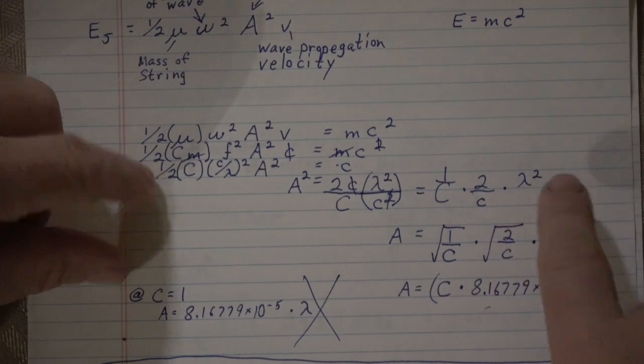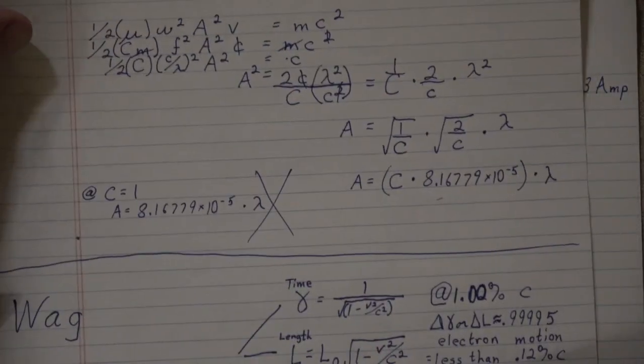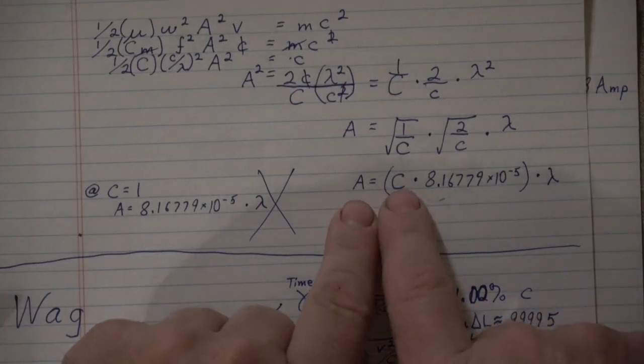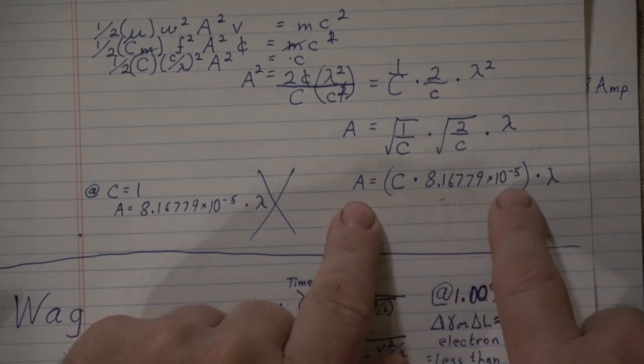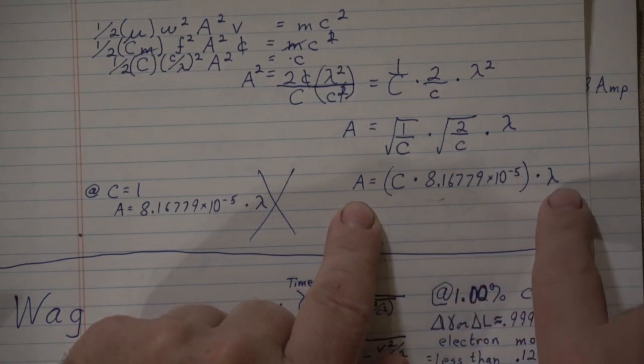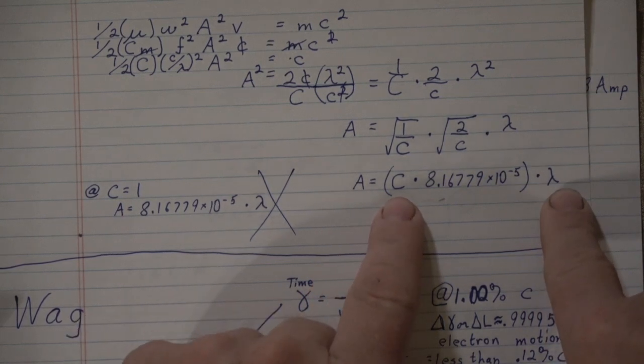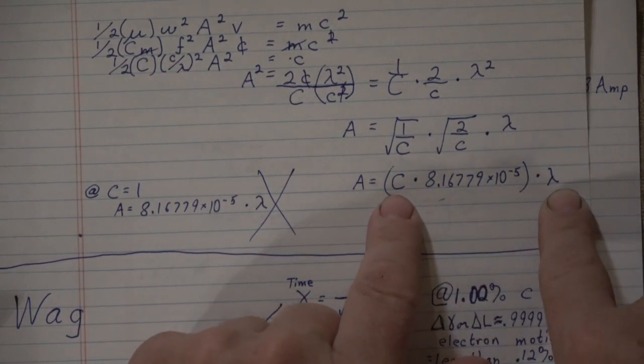Okay, so bringing all my math down, I get an amplitude of constant times 8.16 times 10 to the minus 5 times amplitude. So I have 3 things to multiply. 2 of them are variables. This constant here, if you don't know what the constant is, it is a variable.